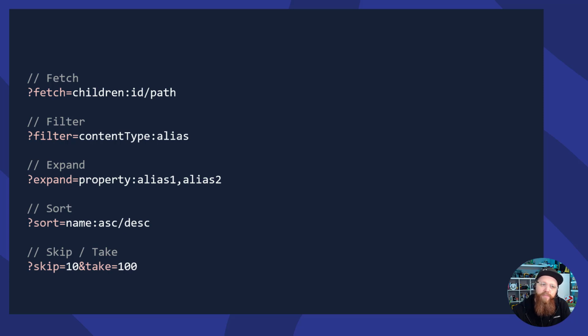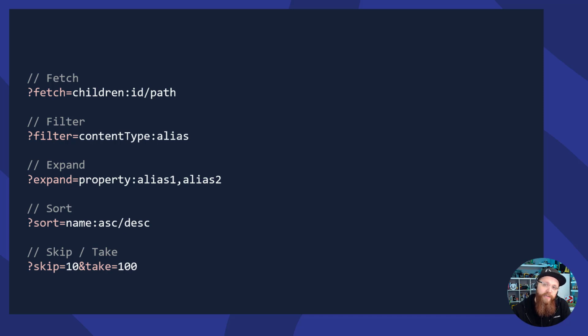But for things like content pickers or grids, rather than returning nested elements, it will return a reference. But you can use this expand query parameter to ask it to expand those and actually fetch the object. So it'll reduce the number of requests that you might need to make.